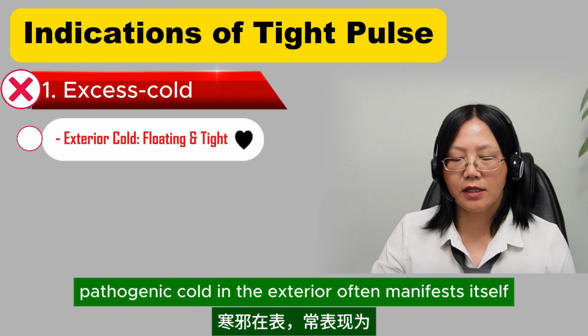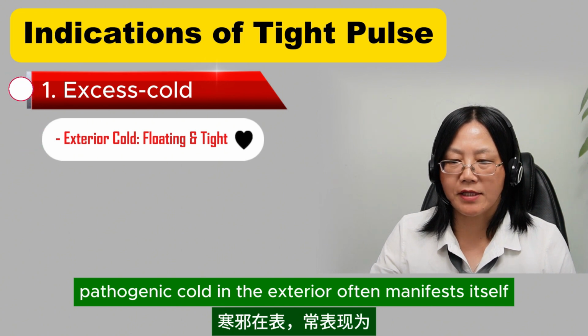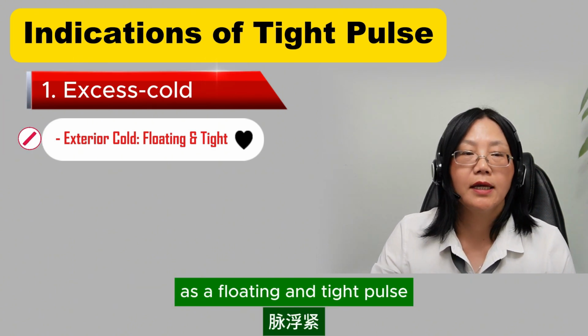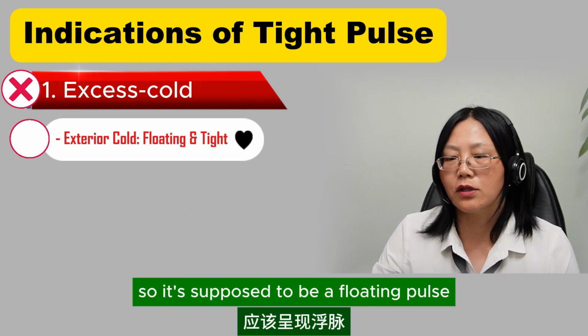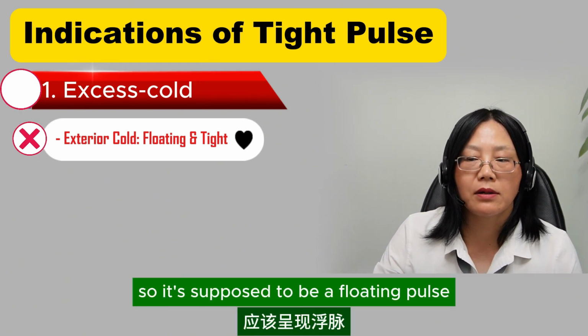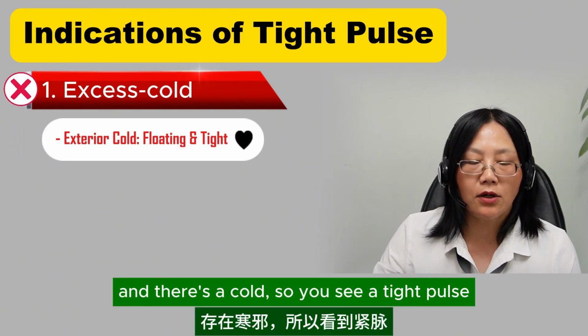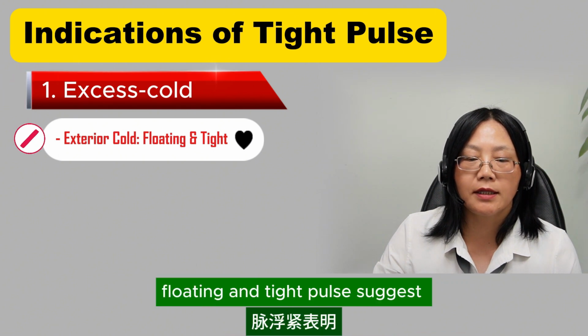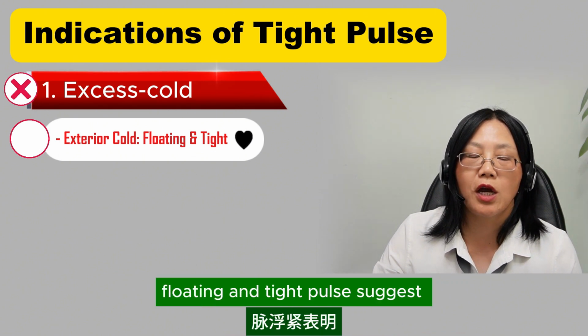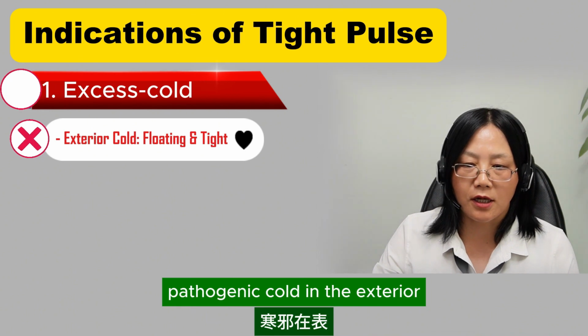Pathogenic cold in the exterior often manifests itself as a floating and tight pulse. It's an exterior problem, so it's supposed to be a floating pulse. And there's cold, so you see a tight pulse. Put together, a floating and tight pulse suggests pathogenic cold in the exterior.